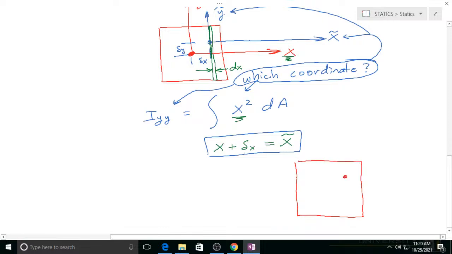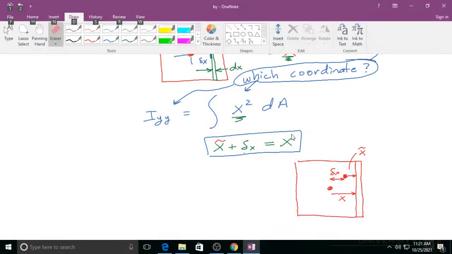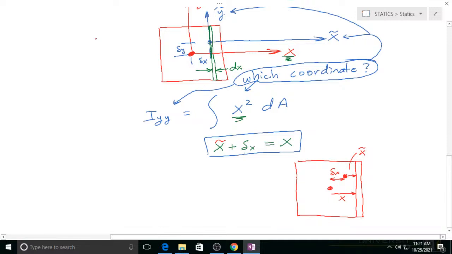I have my point here, and I have my centroid point, and I'm looking right here. This distance would be x, this distance would be x bar, meaning I've got what I've written here actually backwards. So if I added this component to that component, it would be the same distance as this one.